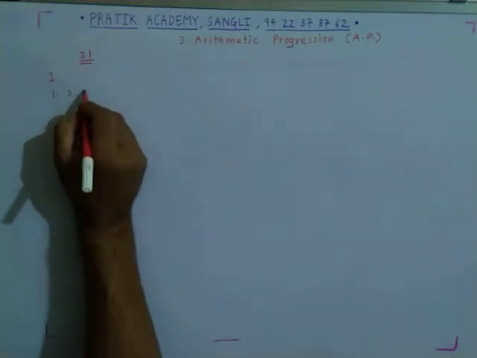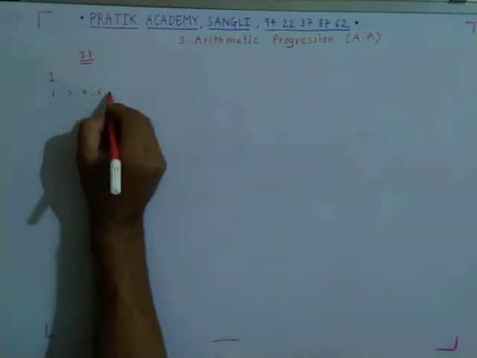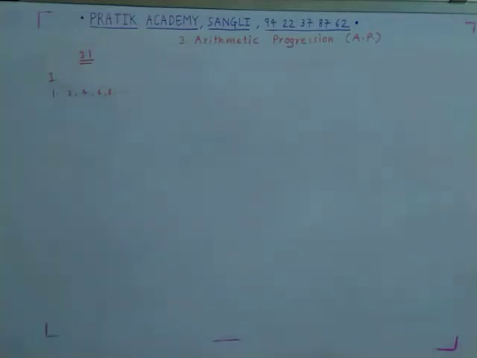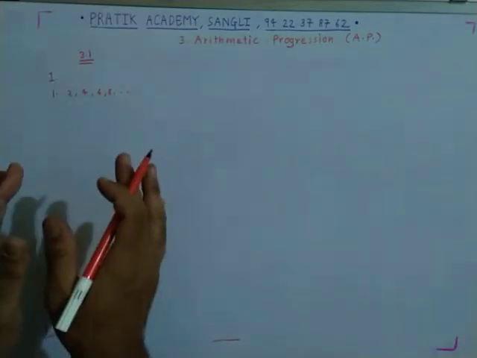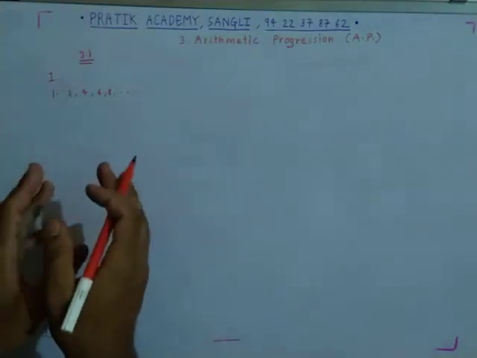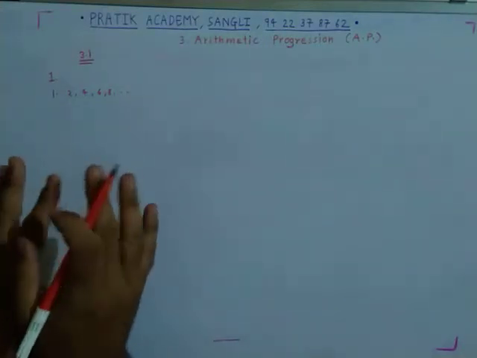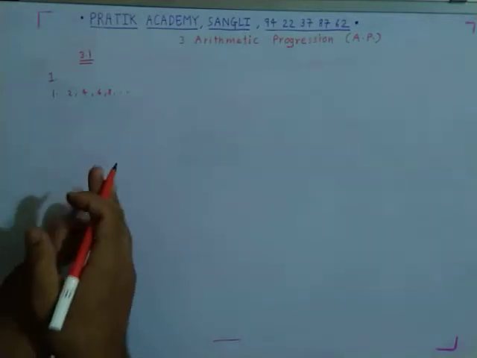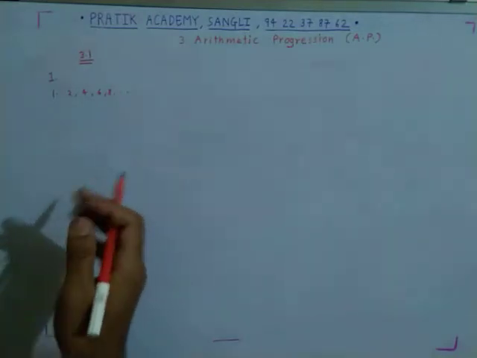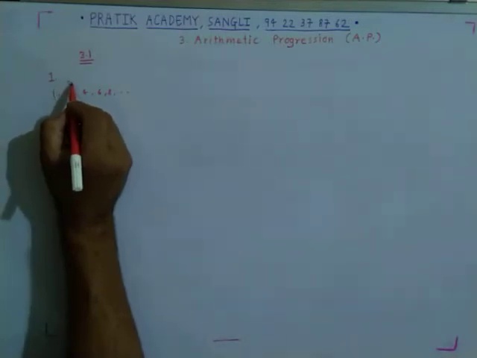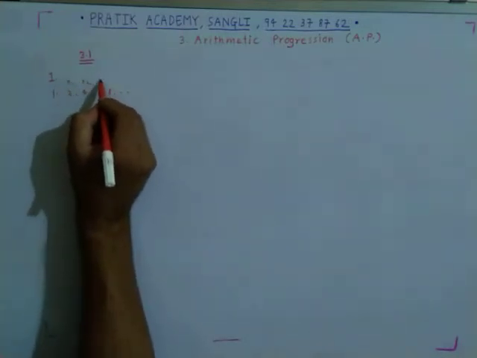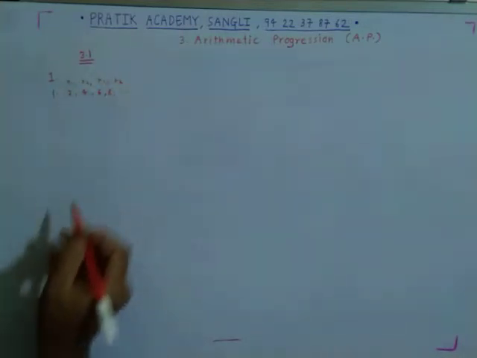The numbers are 2, 4, 6, 8, and in the same manner. We have to check whether these numbers are in AP or not. That means we have to find out if the difference between two consecutive terms is constant or not. Let's call these T1, T2, T3, T4.